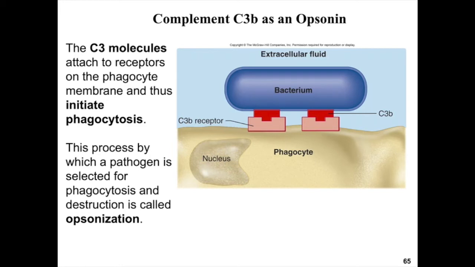So that tag will allow the neutrophil to identify and to bind to the microbe that is marked for destruction. So that's called opsonization. Opsonization makes the process of phagocytosis more efficient.